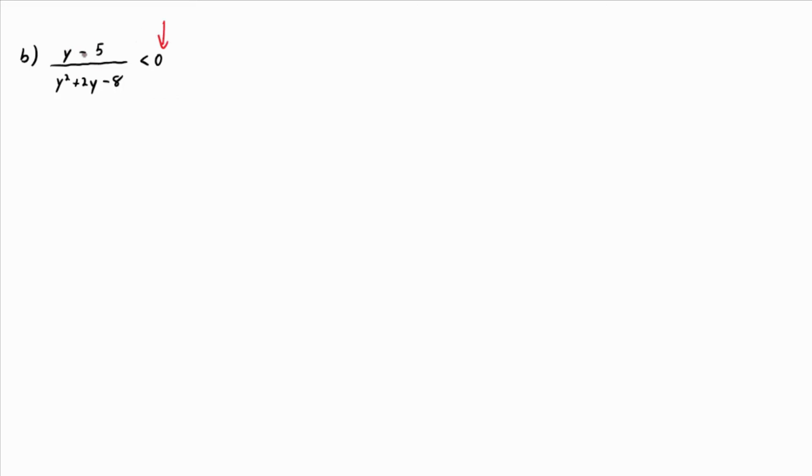All that's done. So you have to set the numerator equal to 0 to get one critical value, right? You can see that's going to be 5, isn't it? y equals 5. But you also have to set the denominator equal to 0. And the denominator is a quadratic, so you'll probably end up factoring it if it's a nice problem, right? You'll probably get 2 critical values, won't you, because it's quadratic. 2 more in addition to the one you got up top. So just be aware of that.